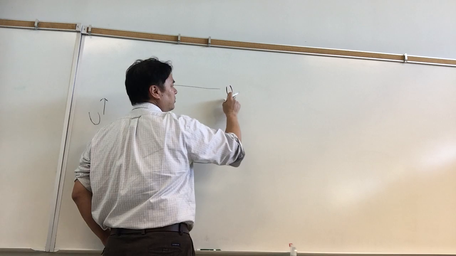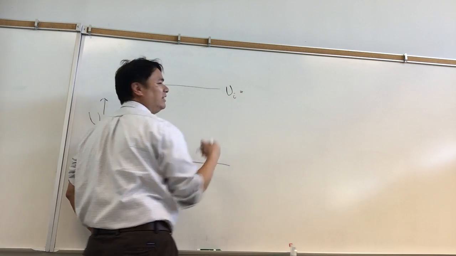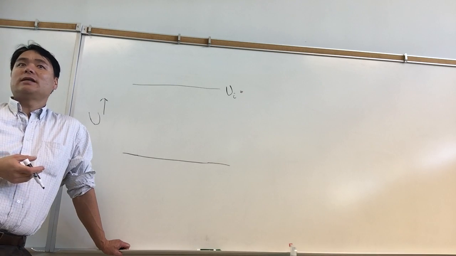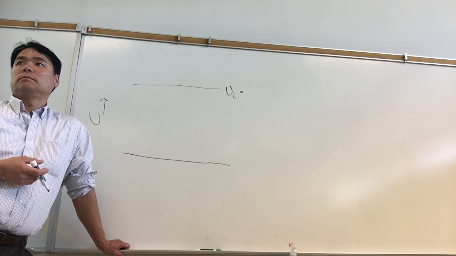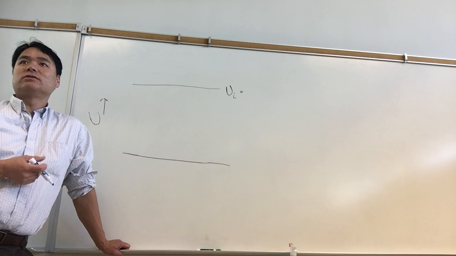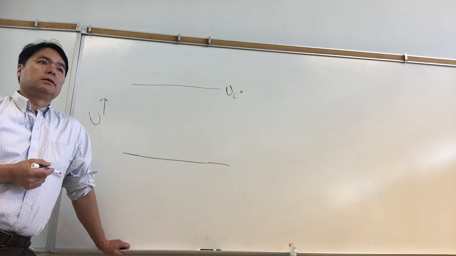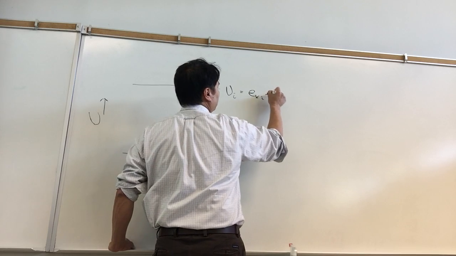We'll start off with U initial, which has some temperature associated with it and some potential energy. So U initial is equal to EK initial plus PE initial.